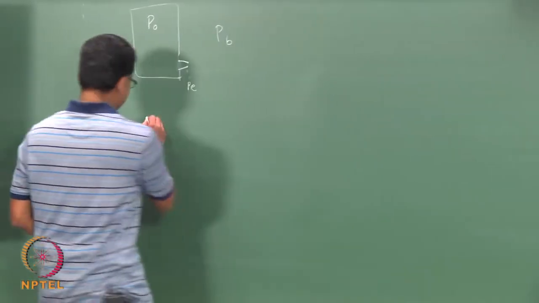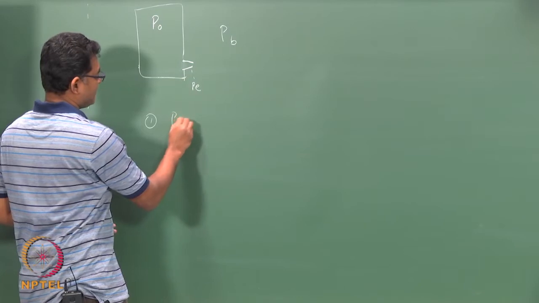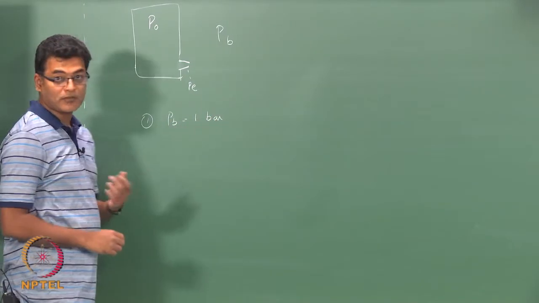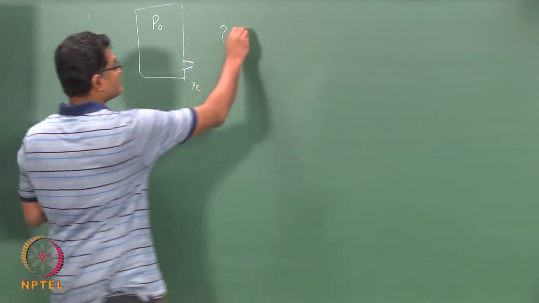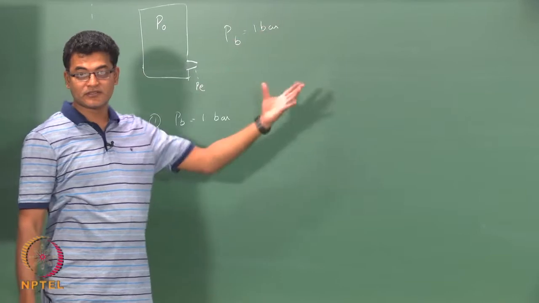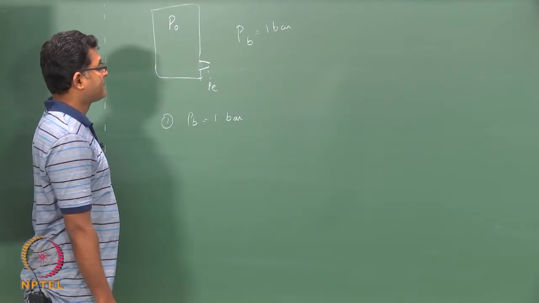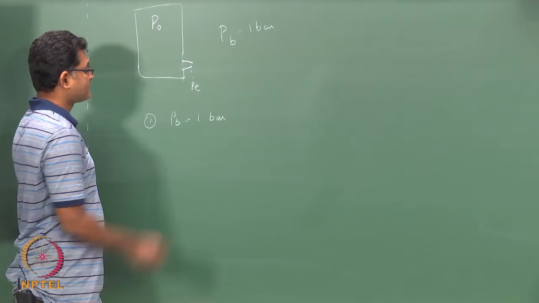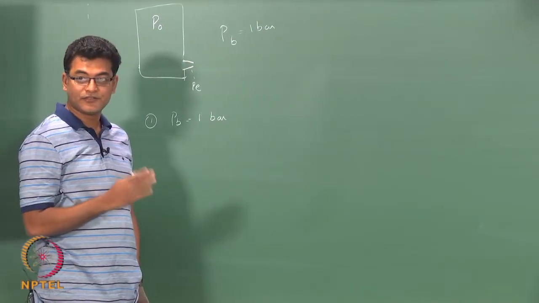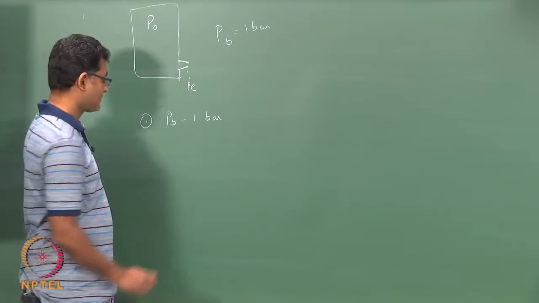First case, we will assume PB to be 1 bar. In this problem, PB is 1 bar. So, I have a high pressure cylinder and it is going to eject through this nozzle. I am not talking about the area or area ratio of the nozzle, I am just going to talk about the pressure ratios.